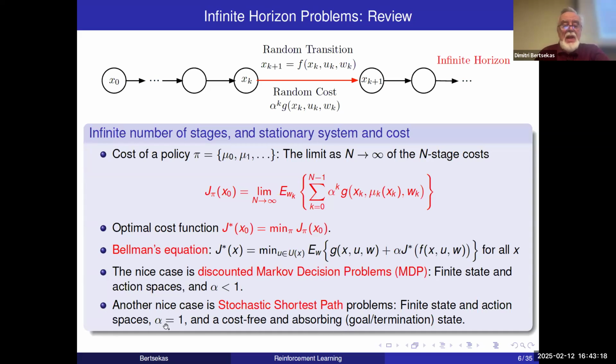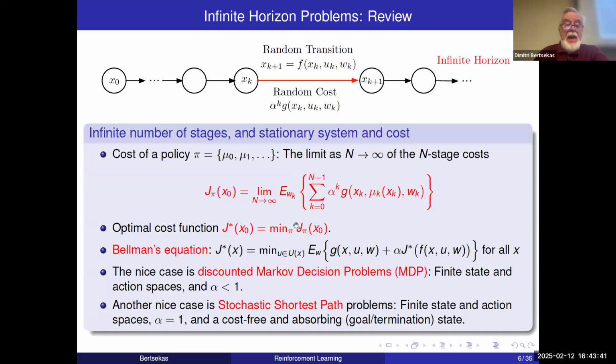And for these, alpha is equal to 1, and under some conditions, these have as good an analytical and algorithmic theory as the discounted problems. And these are very important also in practice. These are the two principal models. There are some other ones that we are not going to be going into in this course.